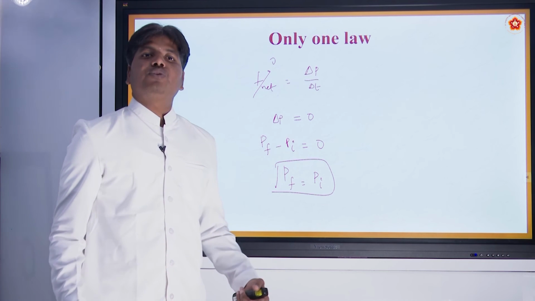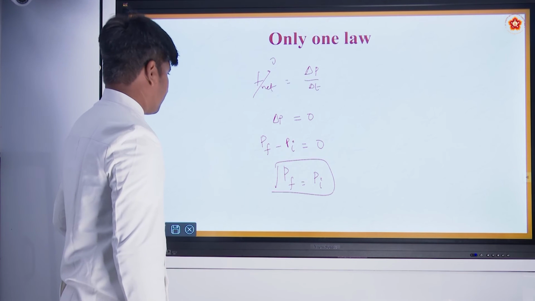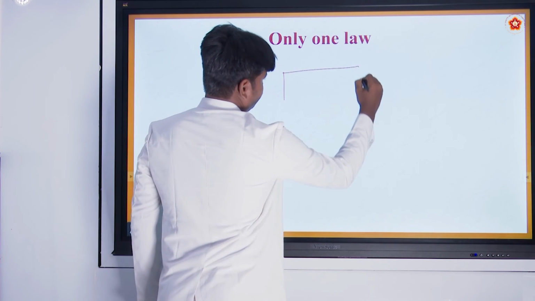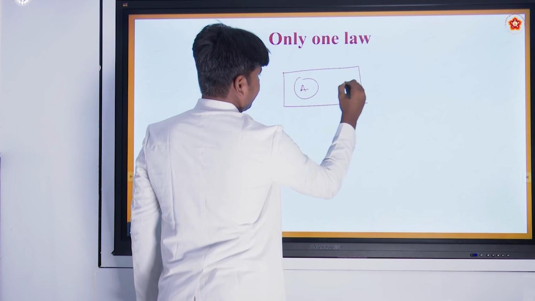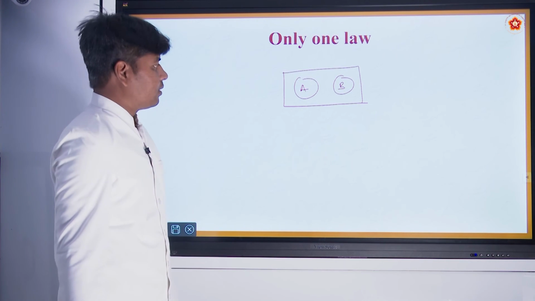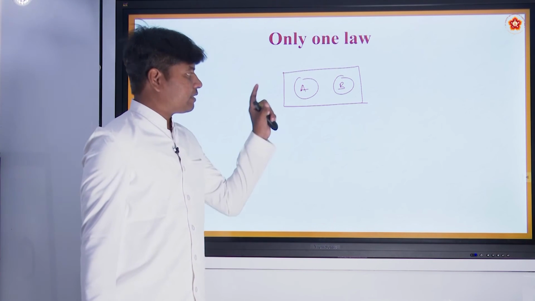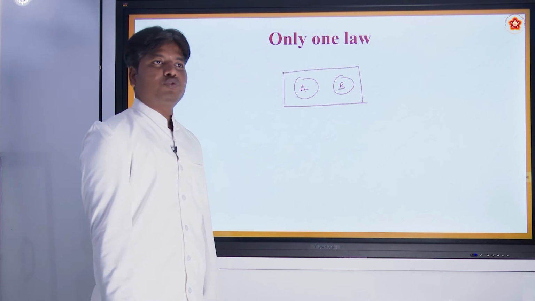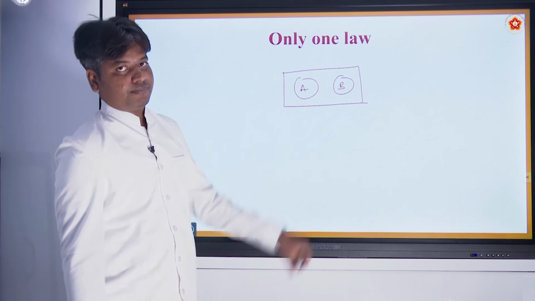Now let us prove Newton's third law from the second law. So you have a system here containing body A and you have another body B. Then you left it like this. This is the system of our interest. You left it and you went somewhere and you came back after so many years, and you made sure that there is no external force on this system.